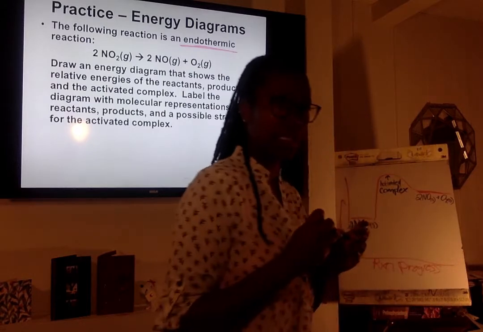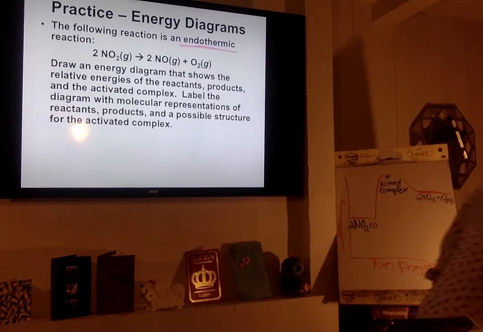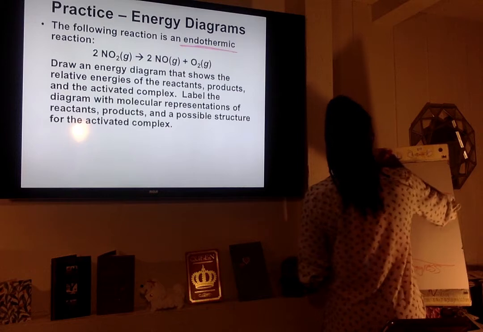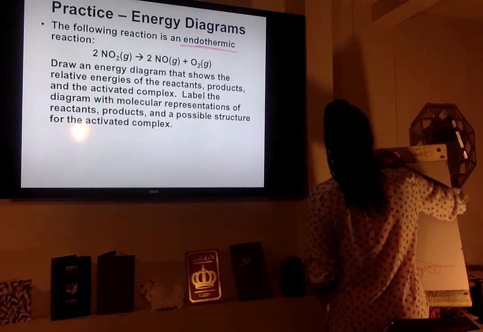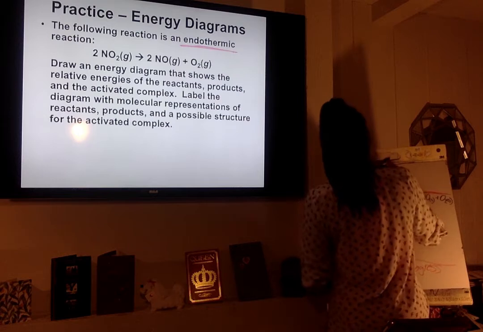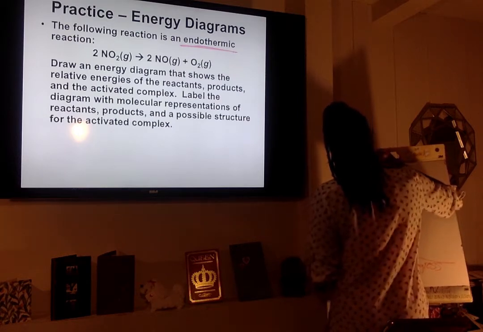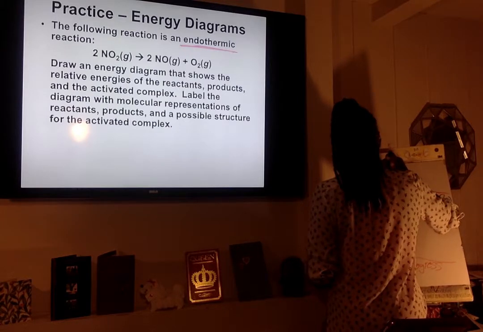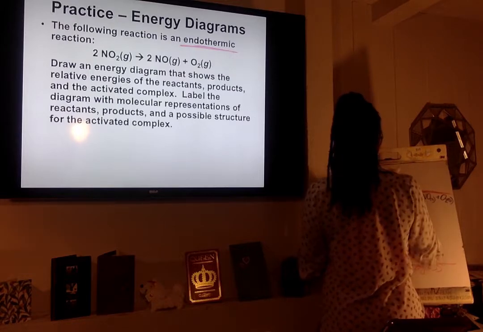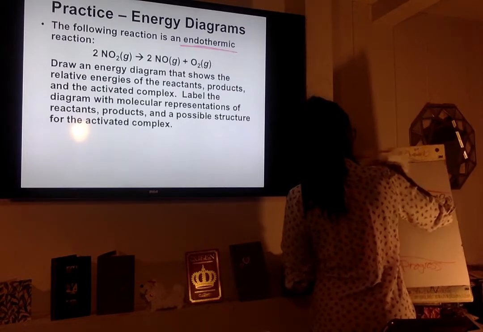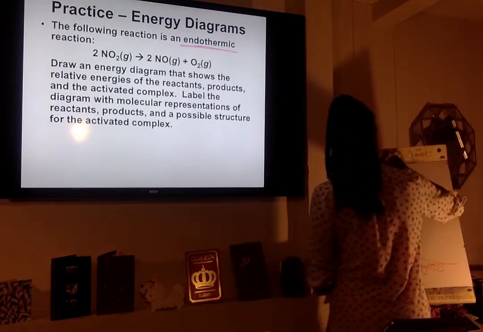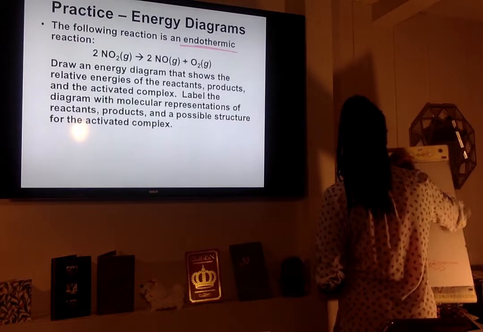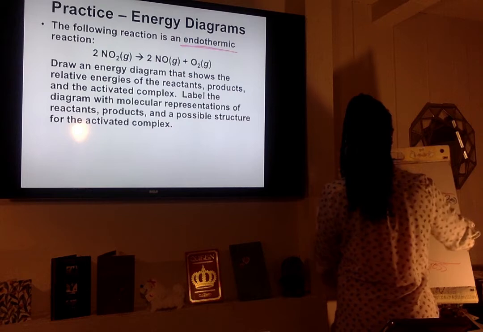So if you were to represent this in terms of molecules, the activated complex doesn't necessarily have to be something perfectly written out, but just shows what's kind of happening right now.